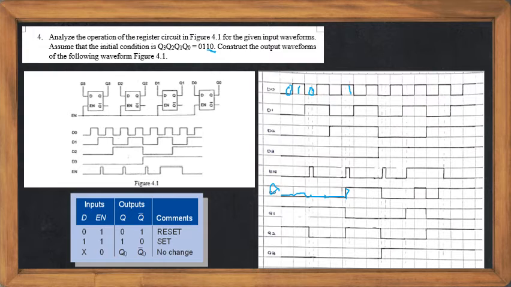When D is 0 and the enable is 0, the output will be no change.